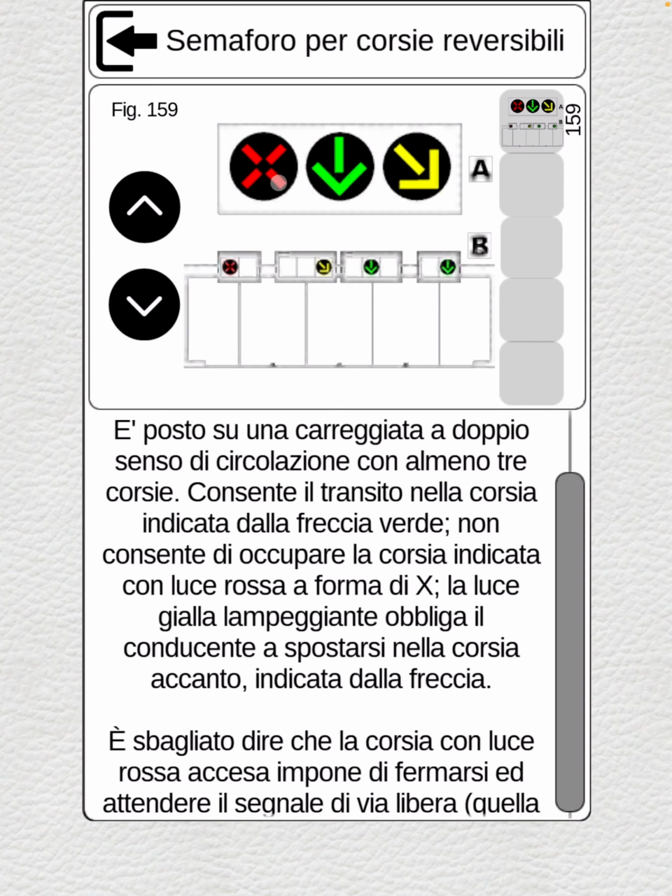Cars will be coming from your opposite. So if you follow this road, you get an accident with another car. It means don't pass this road. This one, the center one, is straight, while this one is for you to pass on your right. That is the meaning of semaforo per corsie reversibili.